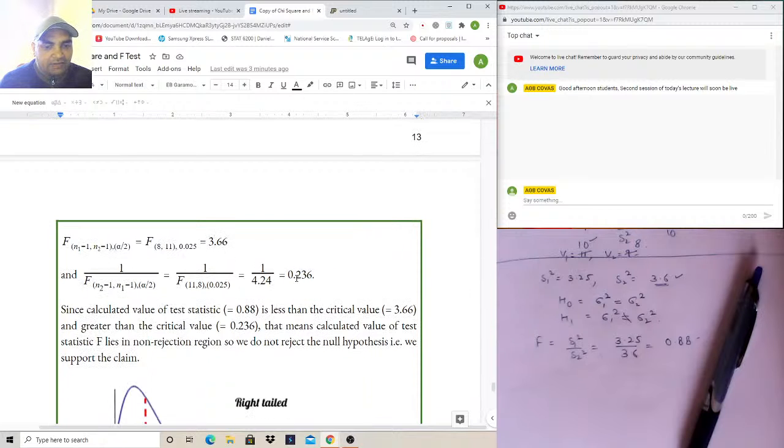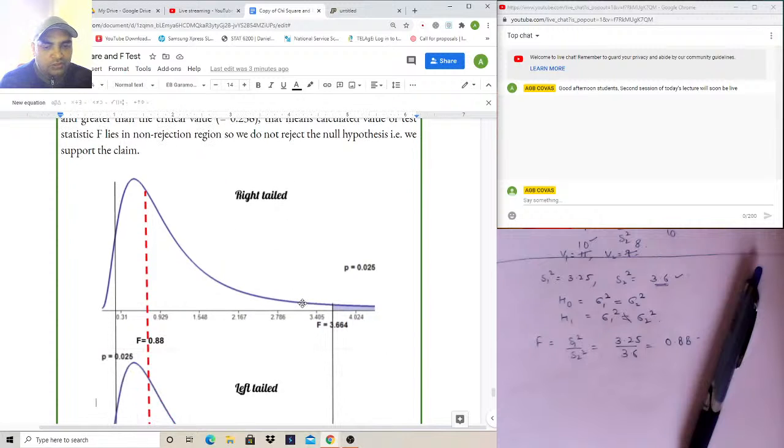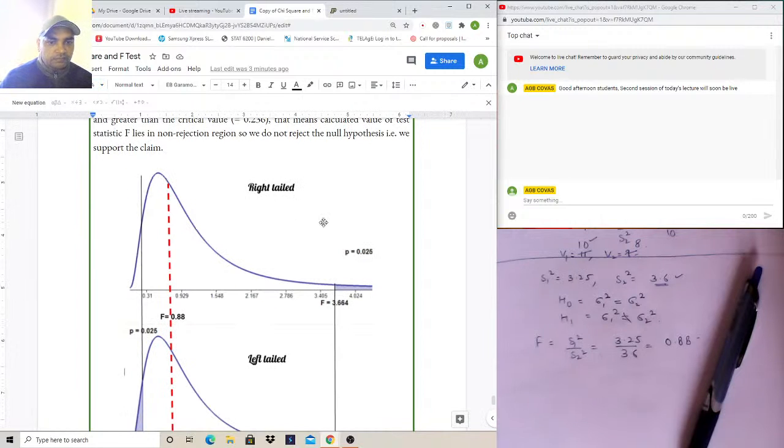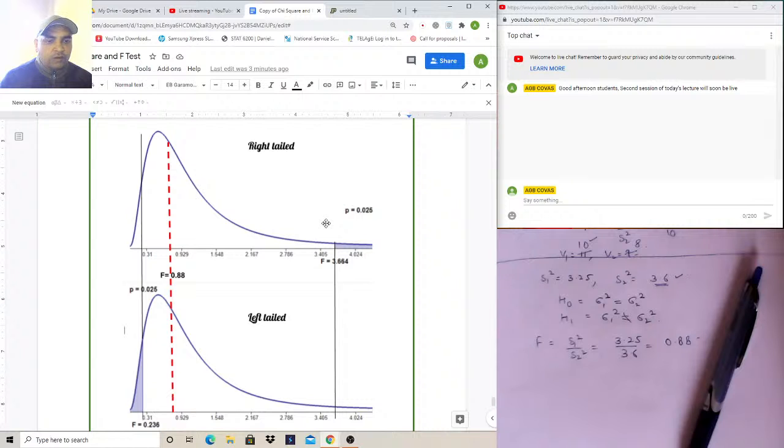So this is your right-tailed value, this is your left-tailed value. In the right tail test, your F value came out to be 3.66, and in the left tail, your F value came out to be 0.236, and your F value lies at 0.88. So whether you take the right tail or the left tail, your F value resides in the acceptance region, isn't it?